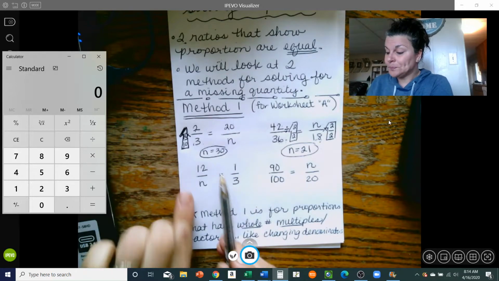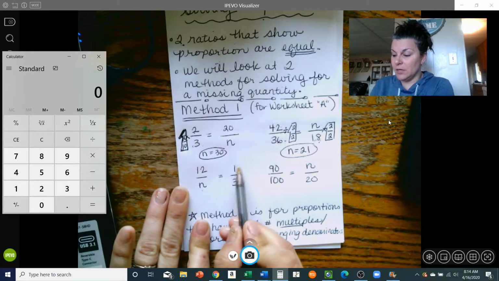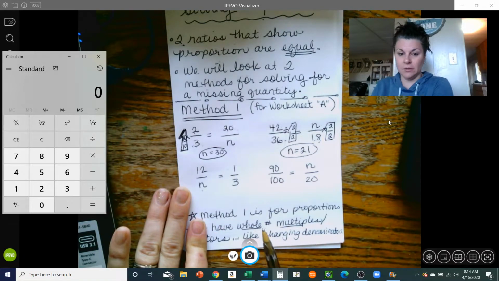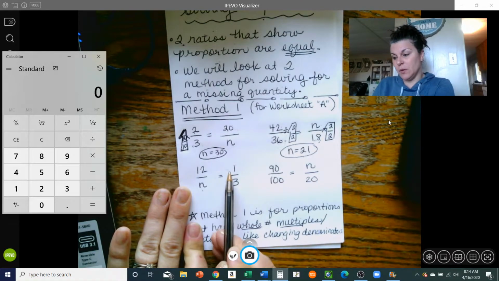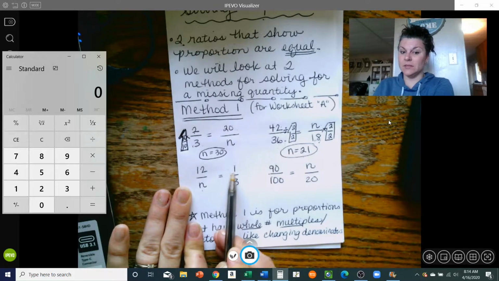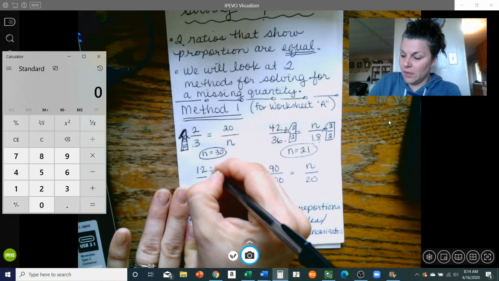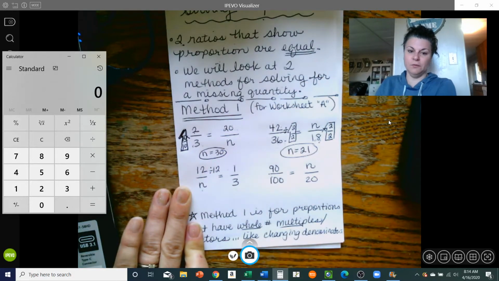So if 12 over n equals 1 over 3, look at my numbers that are across from each other. What do I do to 12 to get 1? Well, I can't multiply because 1 is smaller, so I'm going to divide. Oh, I think I do 12 divided by 12 to get 1.